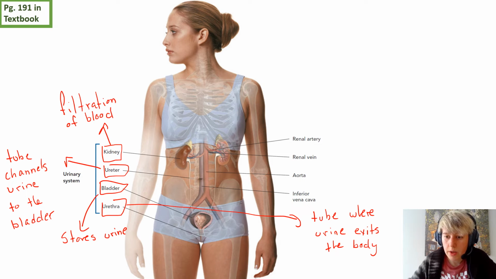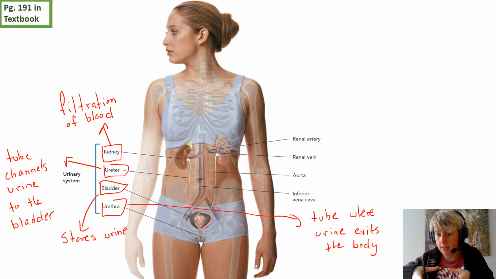Now, obviously, we have blood vessels that are going in, that are supplying blood to the kidneys. So again, our aorta is basically the largest artery in the body that brings blood away from the heart and channels it to different arteries. And the inferior vena cava is the main vein in the lower half of the body that takes blood and brings it back to the heart.